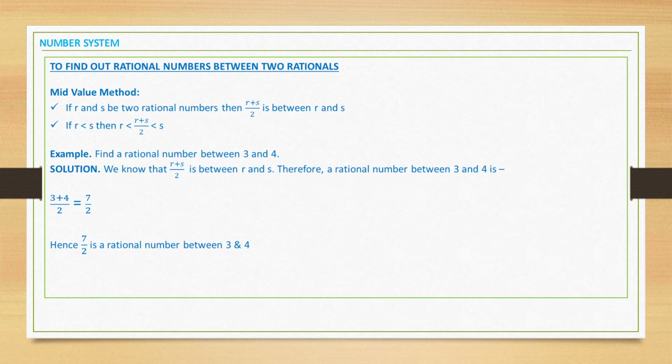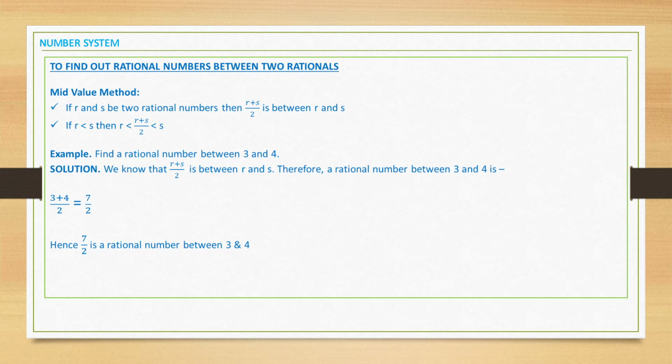Okay, fine. So today we are going to start how to find rational numbers between two rationals. It's a very important concept. The first method is the mid value method. In this method, if r and s are two rational numbers and r is less than s, then (r plus s) by 2 is between r and s.